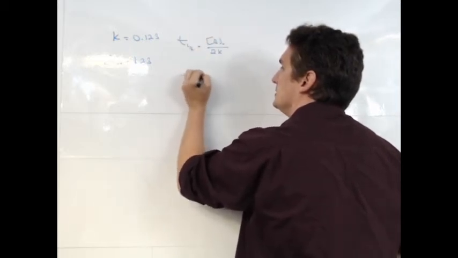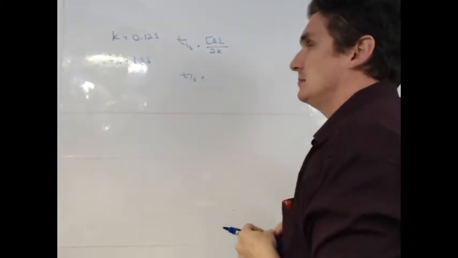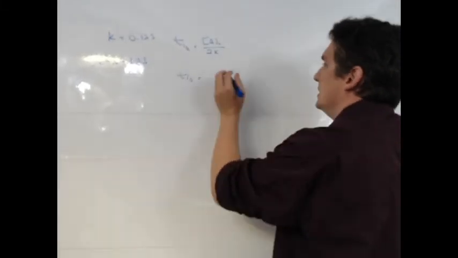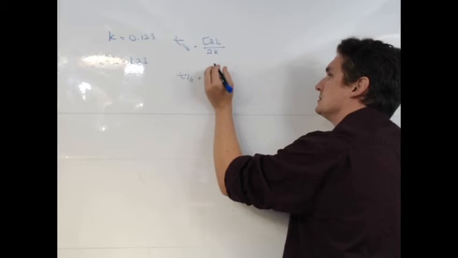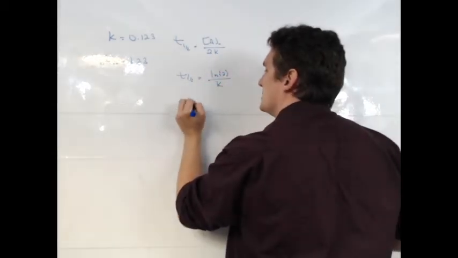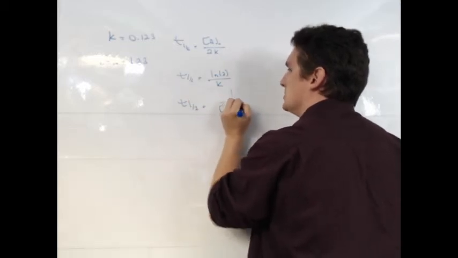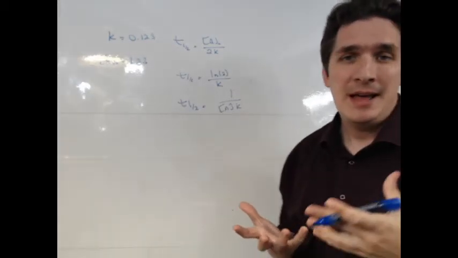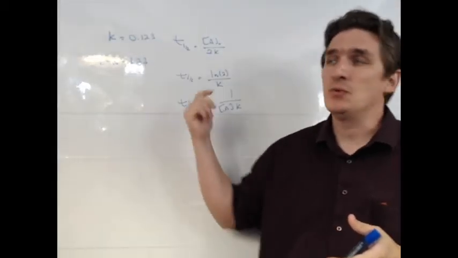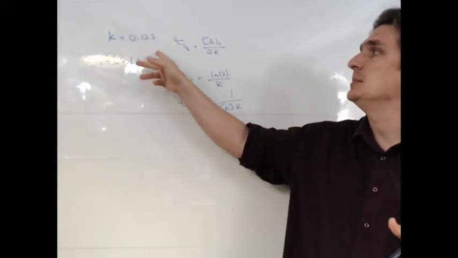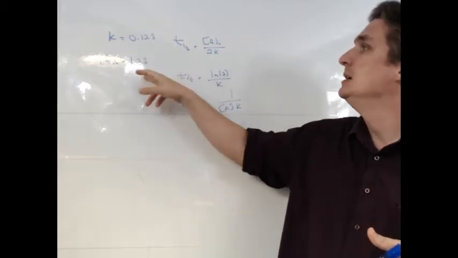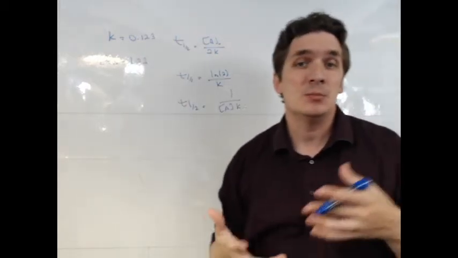For a first-order reaction, it is ln of 2 over K. And for a second-order reaction, it's 1 over starting concentration times the rate constant K. So for any half-life problem, you're just going to take these formulas and apply the numbers you're given. So we would apply K here and the starting concentration, and we get a number back out.